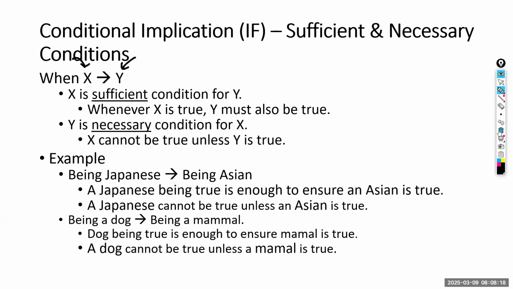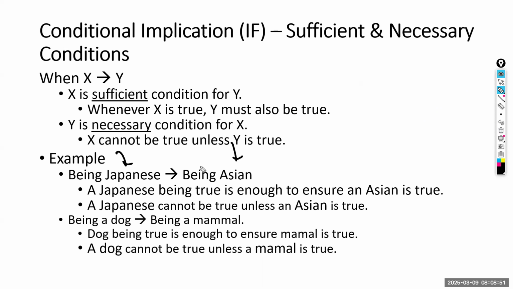Sometimes you get confused about these two words. Right. So when we say being Japanese implies being Asian, that is correct, right? Because if you are Japanese, you are Asian. Okay. So therefore, being Japanese is sufficient for being Asian. So the moment you are Japanese, you are Asian. Okay. So then what is the necessary condition?